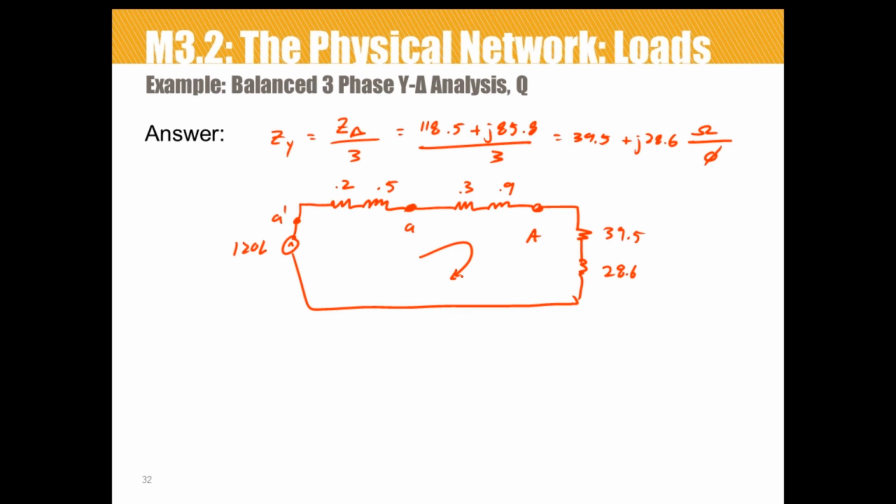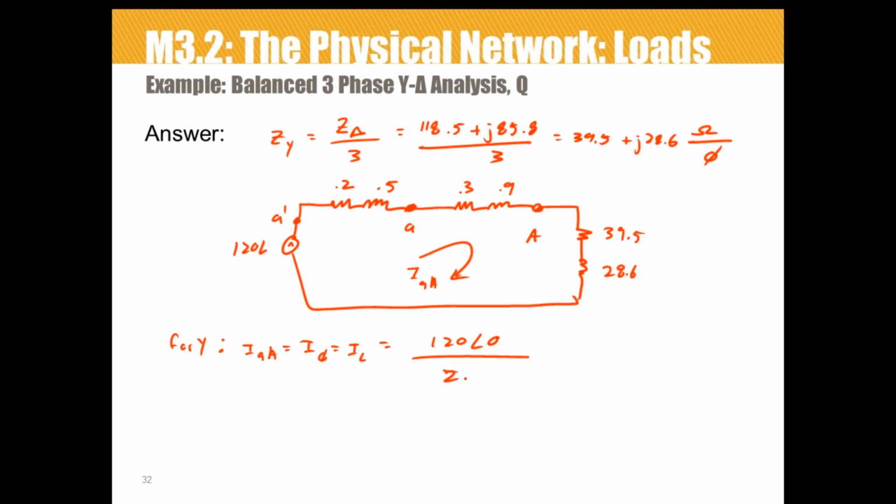So for the Y equivalent, we want to calculate IAA, which is both the line current and the phase current in the Y. So IAA is equal to I phase is equal to I line. And so that's just equal to 120 at an angle of 0.